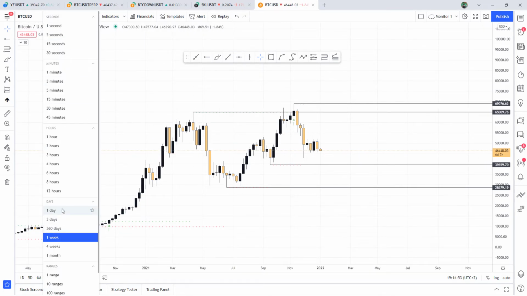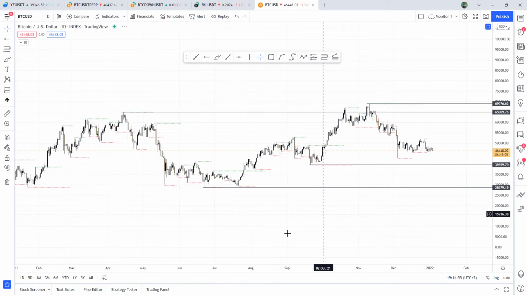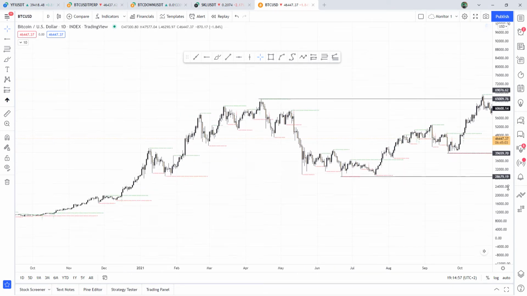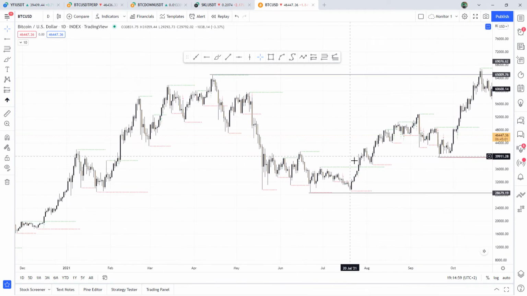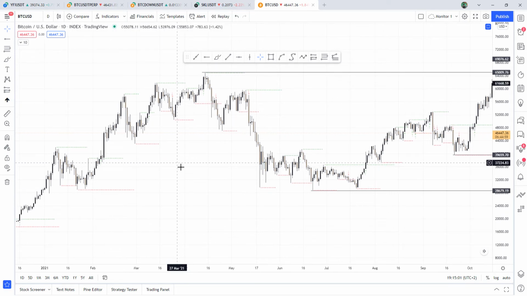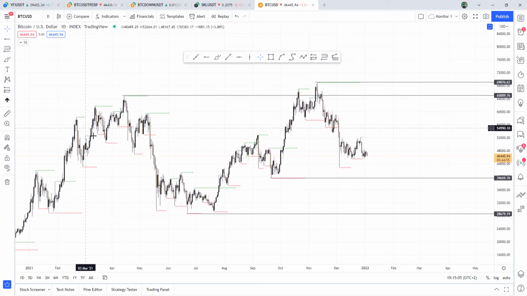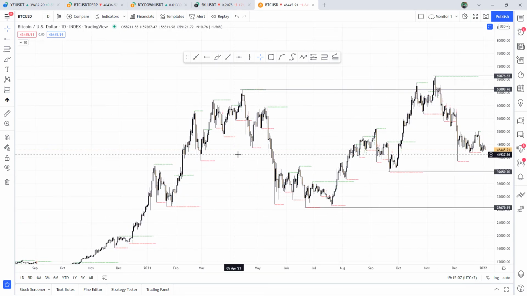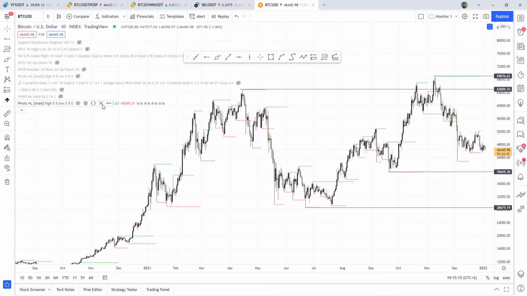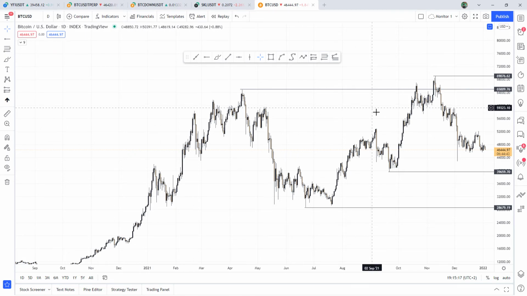Then you go on daily and you see all these lines. Actually this indicator is not very good because it gives way too many swings here, so I'm going to remove it.